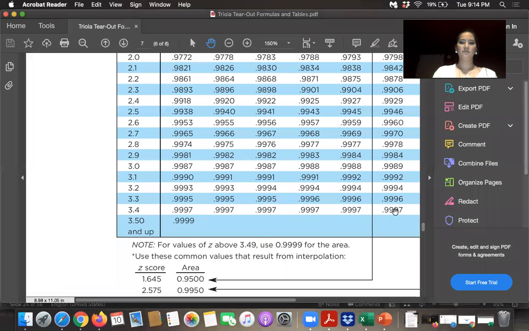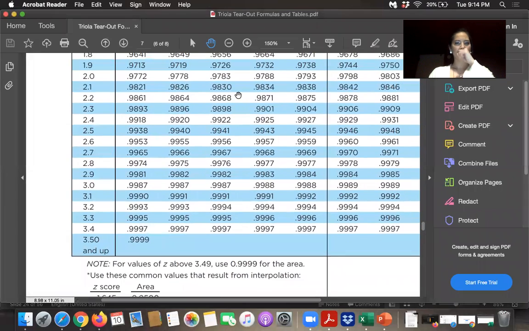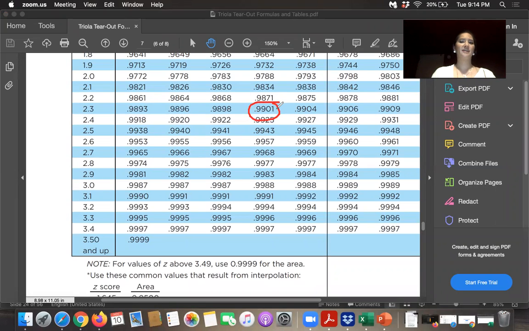So I go over here, and I'm in my positive z-scores table, and I'm looking in the body of the table for 0.99. Oh, I see it. Do you see it? It's the value that's closest to it. There we go. There it is. That's the area that's closest to 0.99, 0.9901.